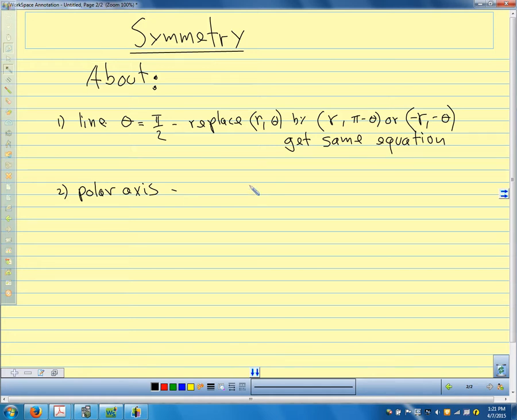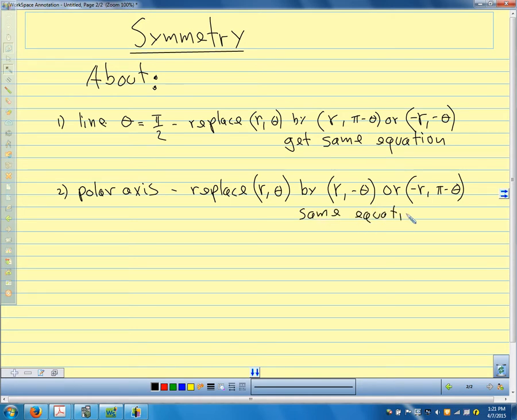So to test for polar axis symmetry, horizontal axis symmetry, we replace (r, theta) by (r, negative theta), or (negative r, pi minus theta). And if we get the same equation, then we have polar axis symmetry.